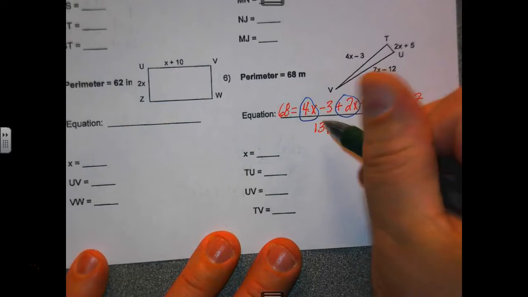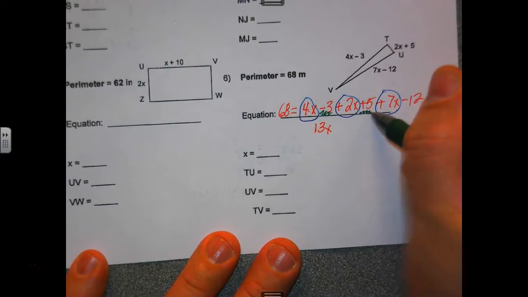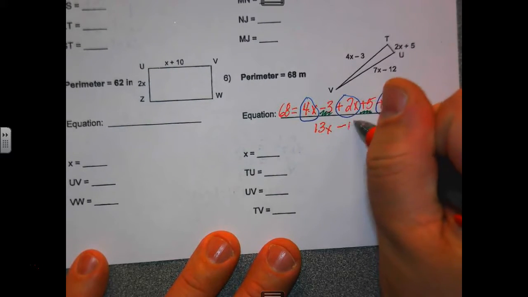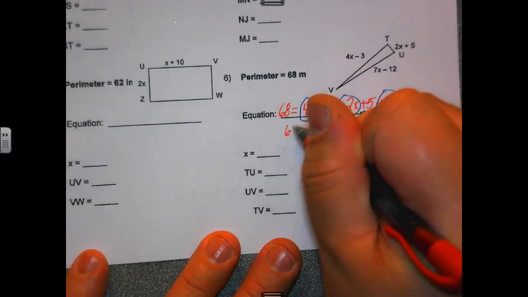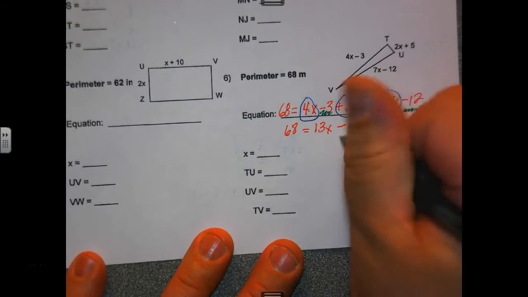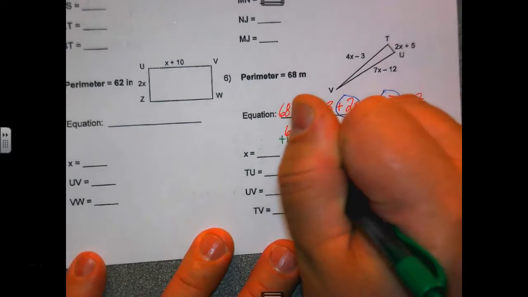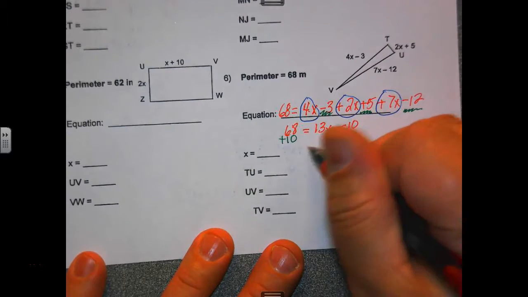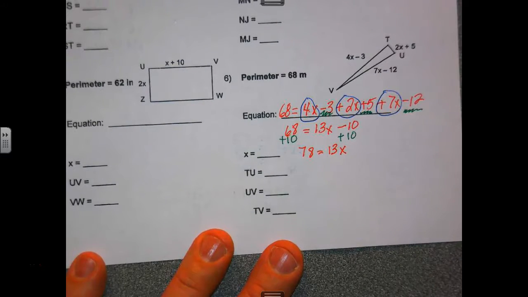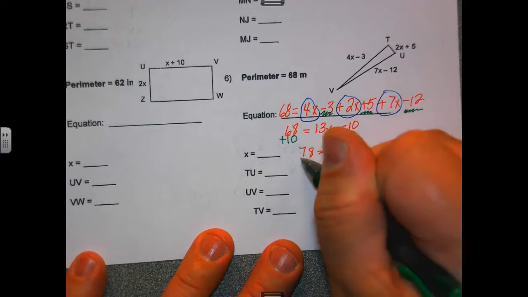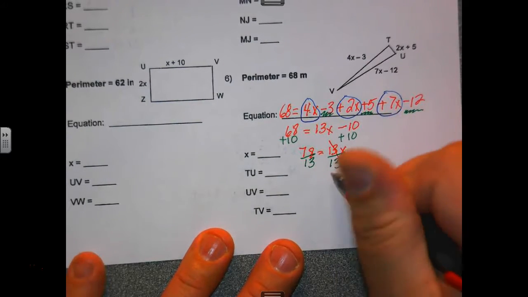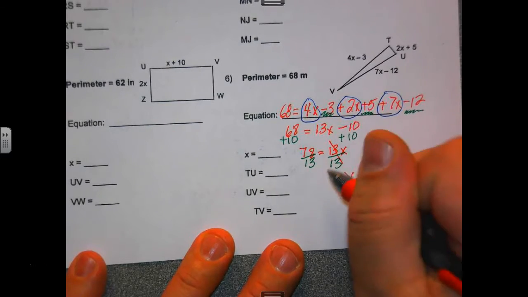Minus 3 plus 5 is plus 2. Minus 12 is minus 10. Add 10 to both sides. So I get 78 equals 13x. Divide both sides by the coefficient 13. And I use my calculator, and I get x equals 6.